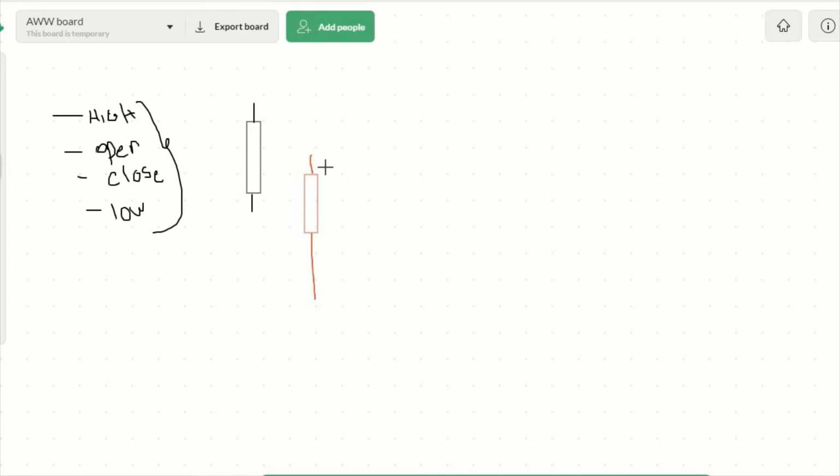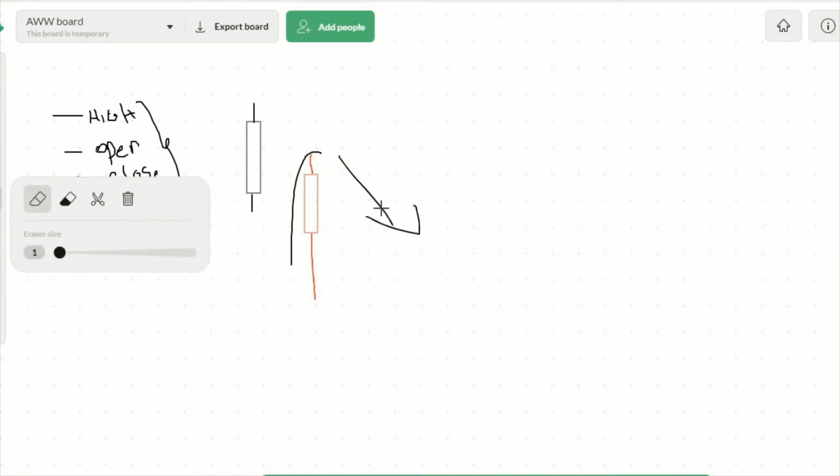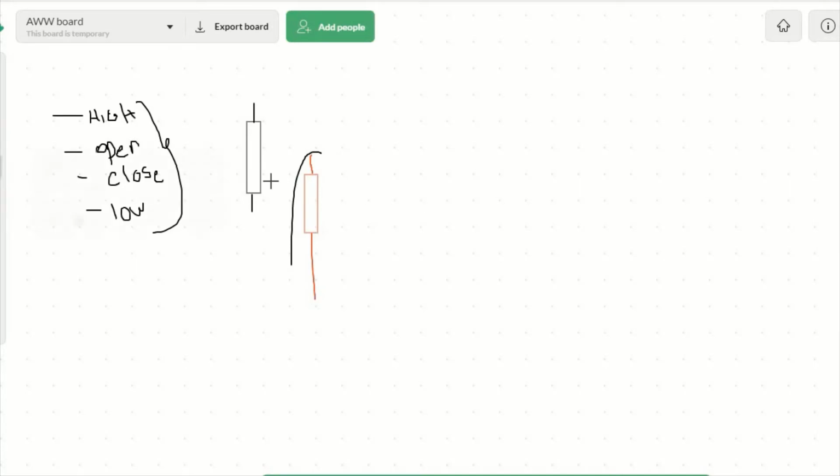Now for the red candle, normally we say price is going down when we see the red candlestick. How will you normally read the red one? The wick at the top would be considered the high.